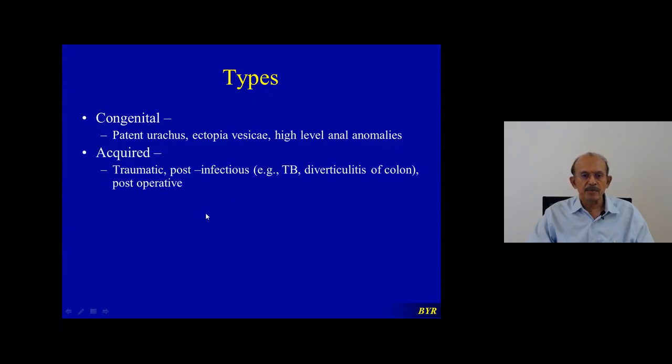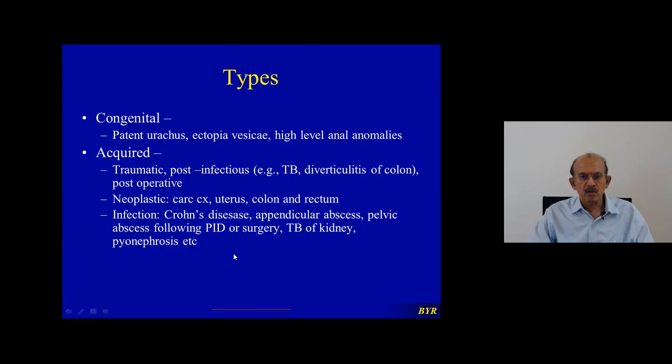The acquired types: traumatic, post-infectious, for example tuberculosis, diverticulosis of the colon, post-operative; neoplastic, following neoplasms of the cervix, uterus, colon, and rectum. When these neoplasms infiltrate the bladder or the ureter, there will be fistulas.